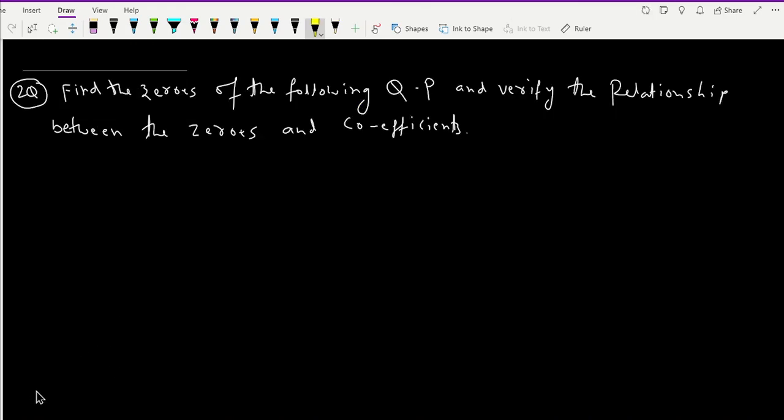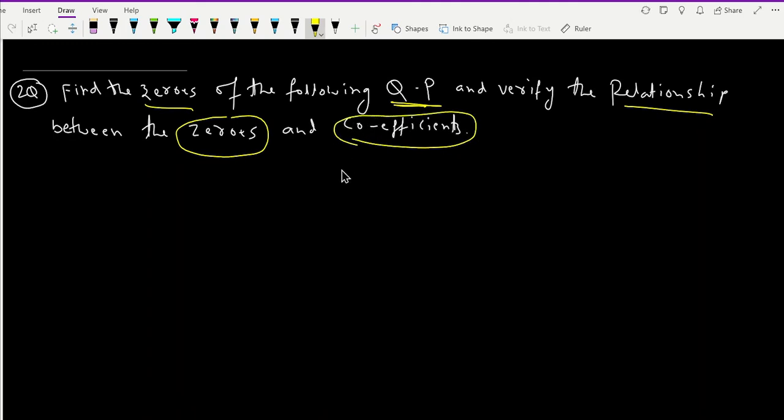So the next important question is, find the zeros of the following quadratic polynomial and verify the relationship between the zeros and coefficients.